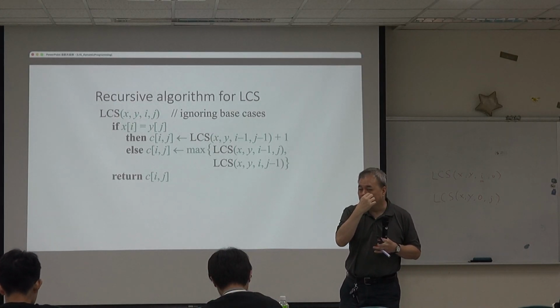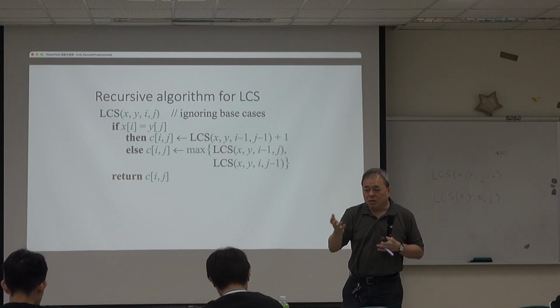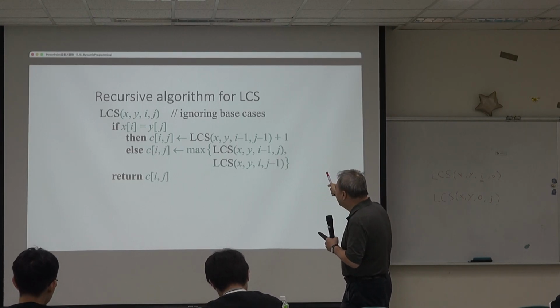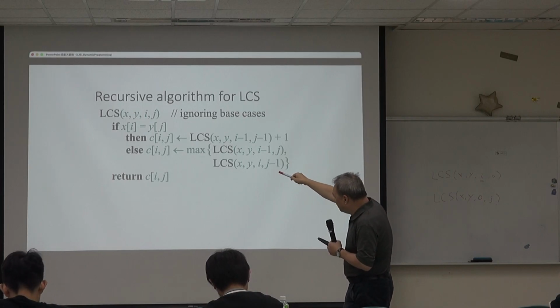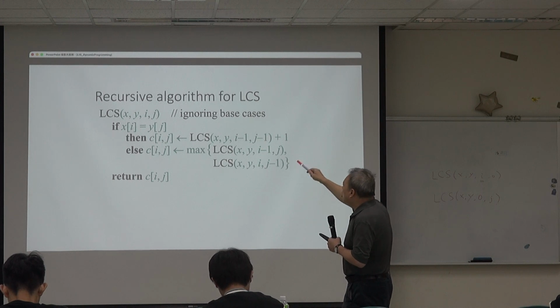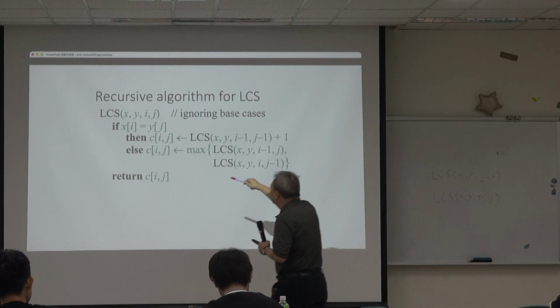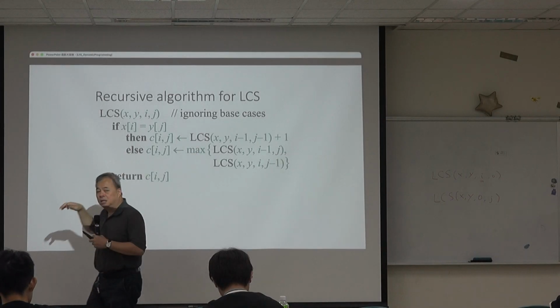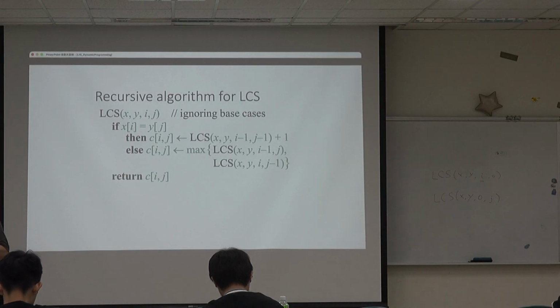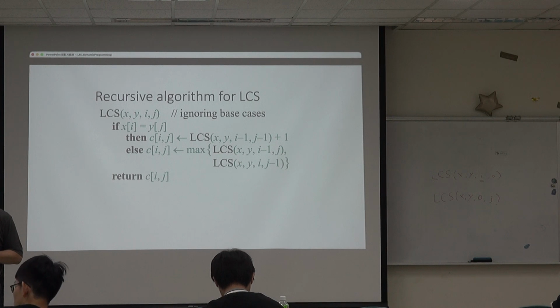Any question with that? So, if you consider base cases, it should be at the beginning. If i or j is 0, return 0. Else, do this. This is easy to understand. If one of the incoming i or j is zero, the string has length zero, so how could you return a longest common subsequence with length greater than zero? It's impossible, so it's zero. Can you accept this?